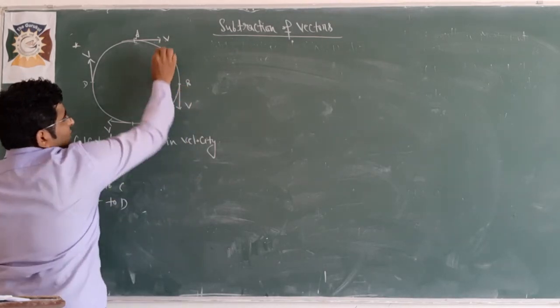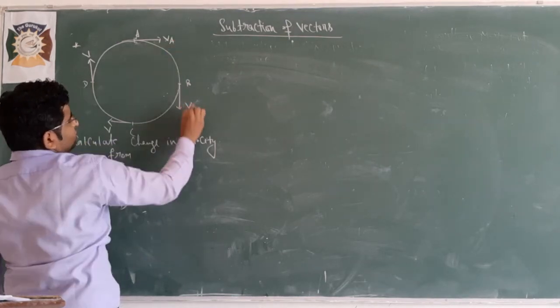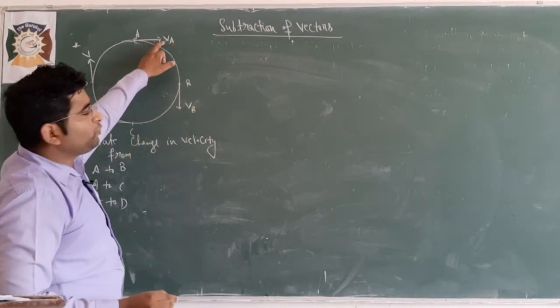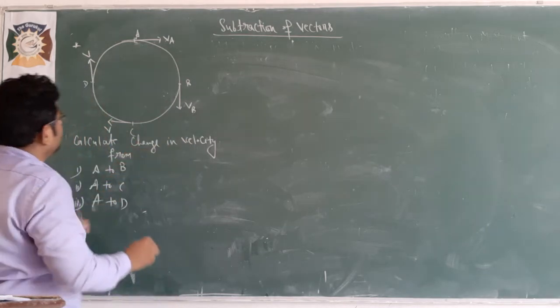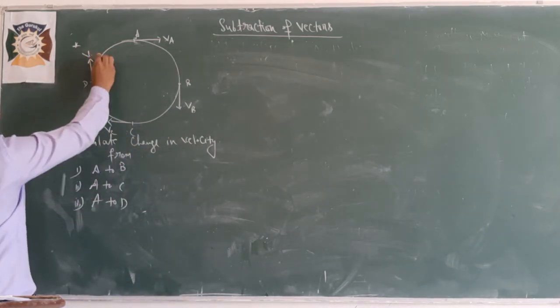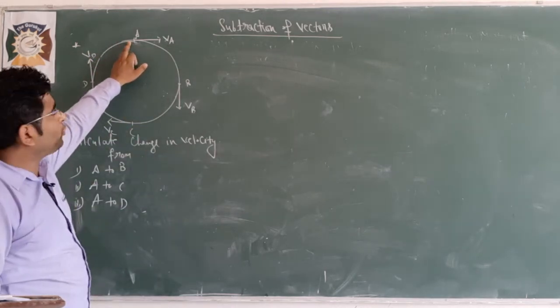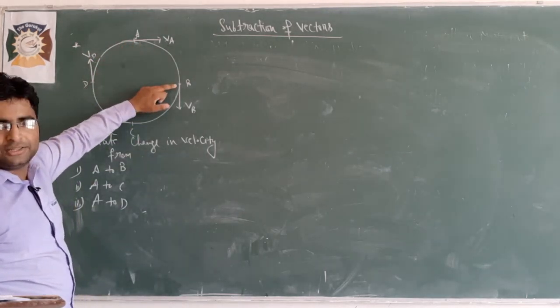Beta, these are the speeds, I am writing here in terms of velocity. It is VA, suppose it is VB. The magnitude of VA and VB is the same. It is VC, VD.